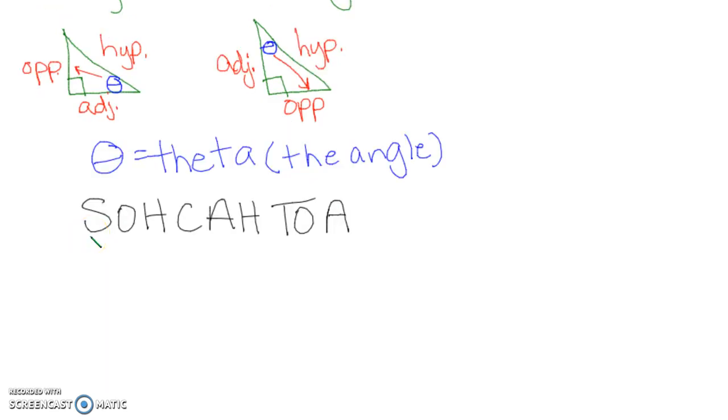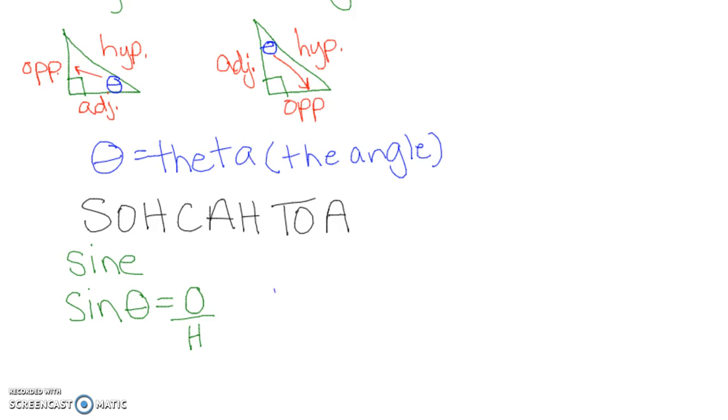So our first trig function that we're going to look at is called the sine. This is the official spelling of it. Mathematically, we have sin of the angle theta, and that's equal to the opposite side over the hypotenuse side. We're comparing two of the sides of the right triangle that represent the sine.